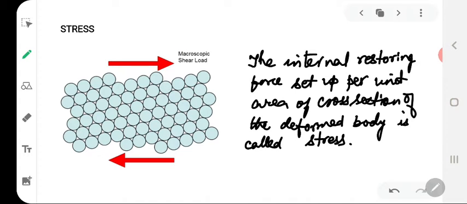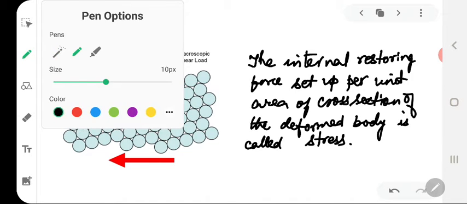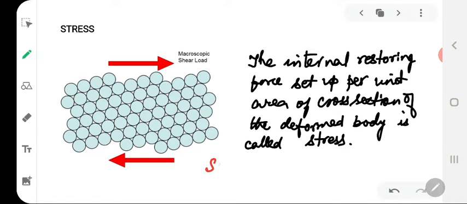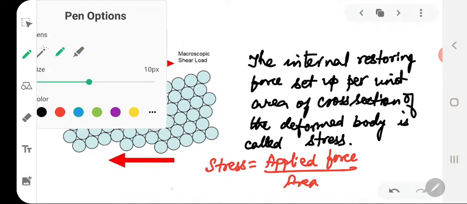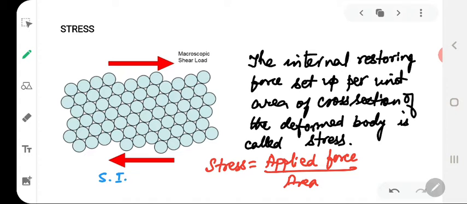So we can say that stress is equal to applied force divided by area. Its SI unit is Newton per meter square or Pascal.